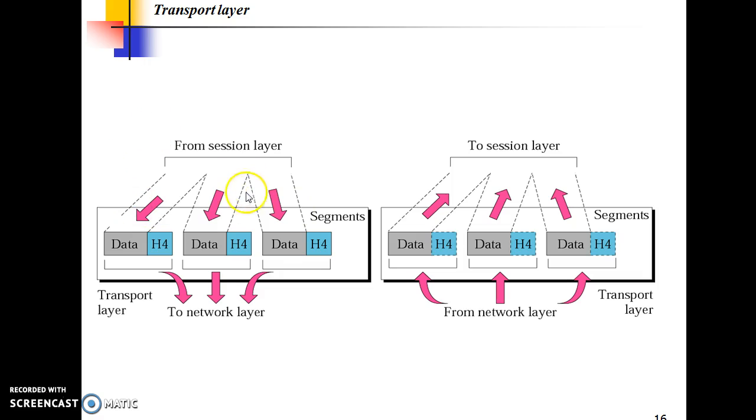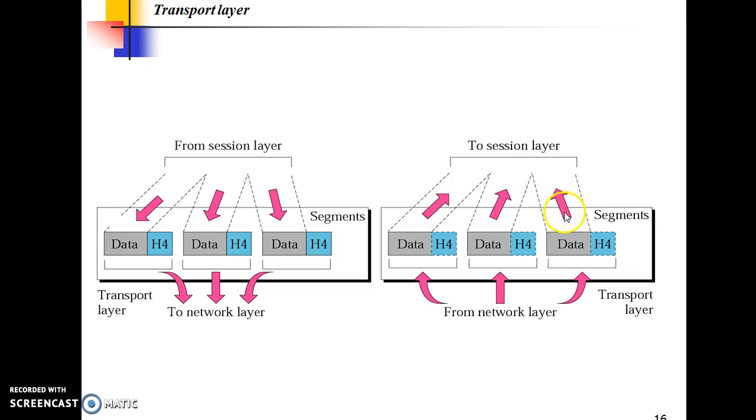Then the transport layer. The main function of the transport layer is to divide the data so that it will be easy to transfer the data from one station to another station. The transport layer will divide the data into different forms, and each one is called a segment. So the unit of data will be the segment, and at the destination side all the data will be combined together and passed to the session layer.